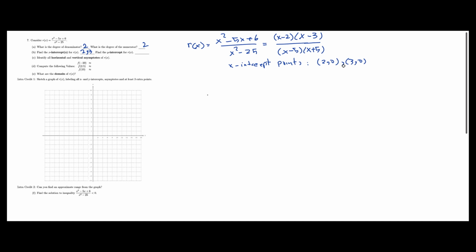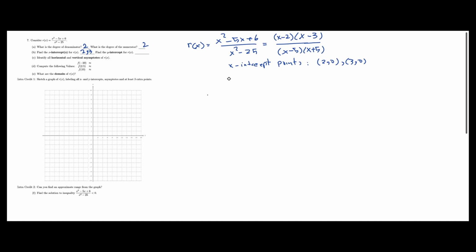Now, for the y-intercept, I have to plug in 0 for x. So every time you're trying to find the x-intercept, you are looking for making the output 0, and that's by setting the numerator equal to 0.